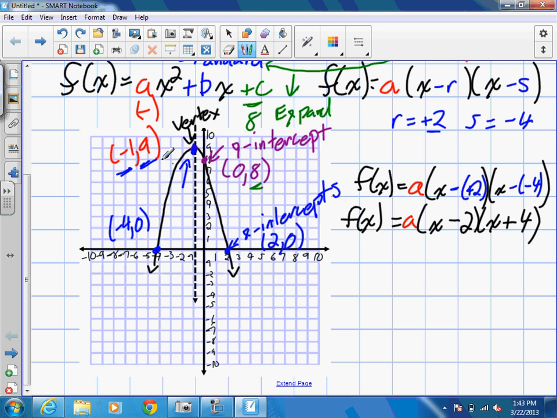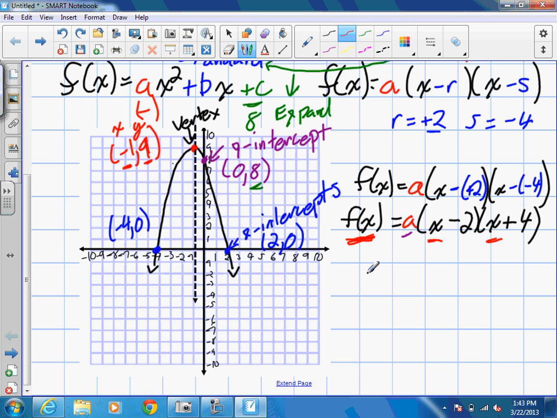Okay, so we're going to take the vertex, and it doesn't have to be, but it will help with our understanding. We're going to take the vertex values, the x and the y value of the vertex. Okay, that's a 9, by the way. And we're going to plug them in. We're going to plug in the y value for f at x, and we're going to plug in the x value, negative 1, for both of the x's. When we do that, we'll be able to isolate our a, exactly. So our y value is 9.